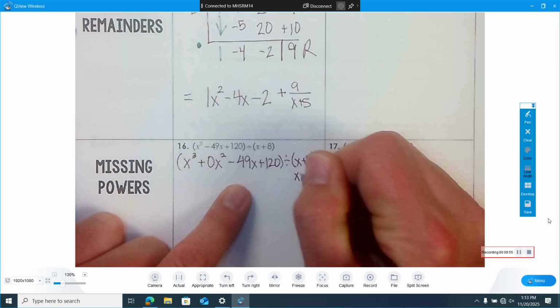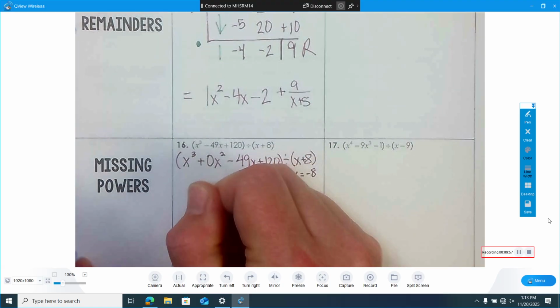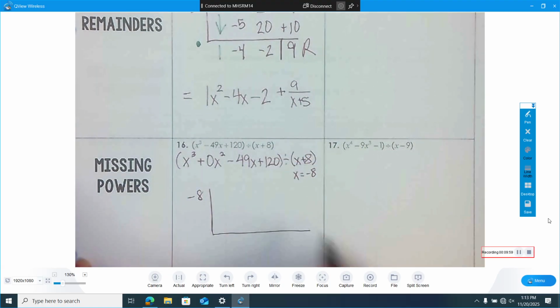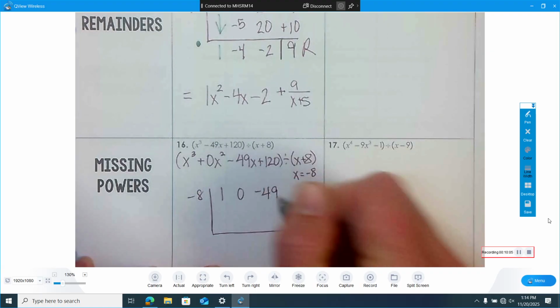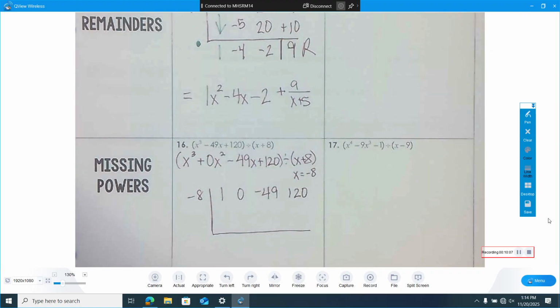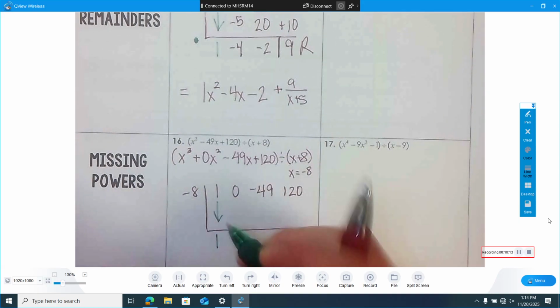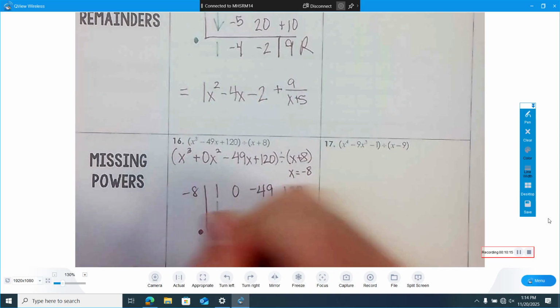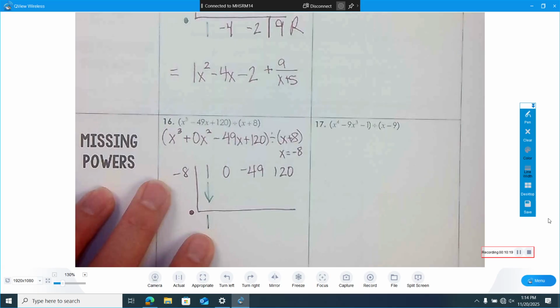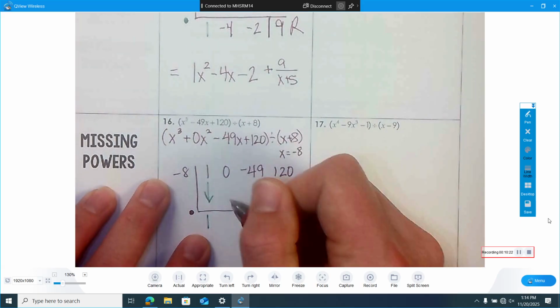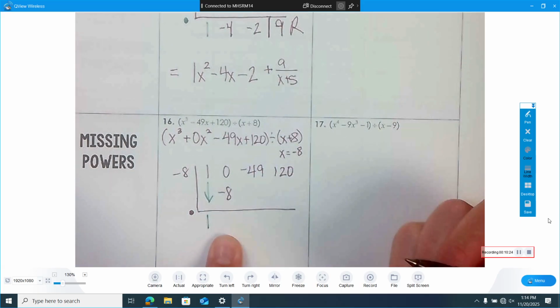All right, so we're going to use x equals -8 on the outside there. And what should I write across the top? Good. 1, 0, negative 49, 120. All right, bring down the first thing, and then multiply and add, multiply and combine, I guess I'm saying. All right, when we multiply, what do we get? Negative 8, combine.